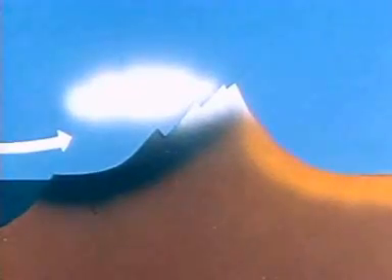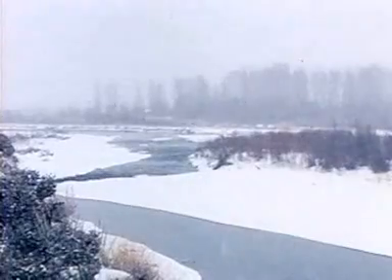When this moisture moves up the western sides of the mountains, it is cooled and drops much of its moisture as rain and snow. This happens because cooling air can't hold as much water.